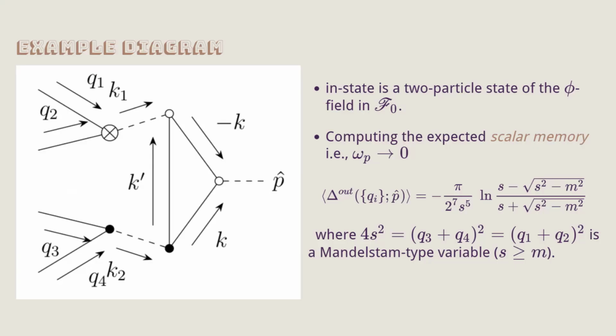So that's really an infrared object. So at this order, you don't see the log omega kind of correction? Good question. So you're asking about the subleading part. You won't see that in the memory itself. You will see it when you compute correlation functions of the pi without taking the zero frequency.